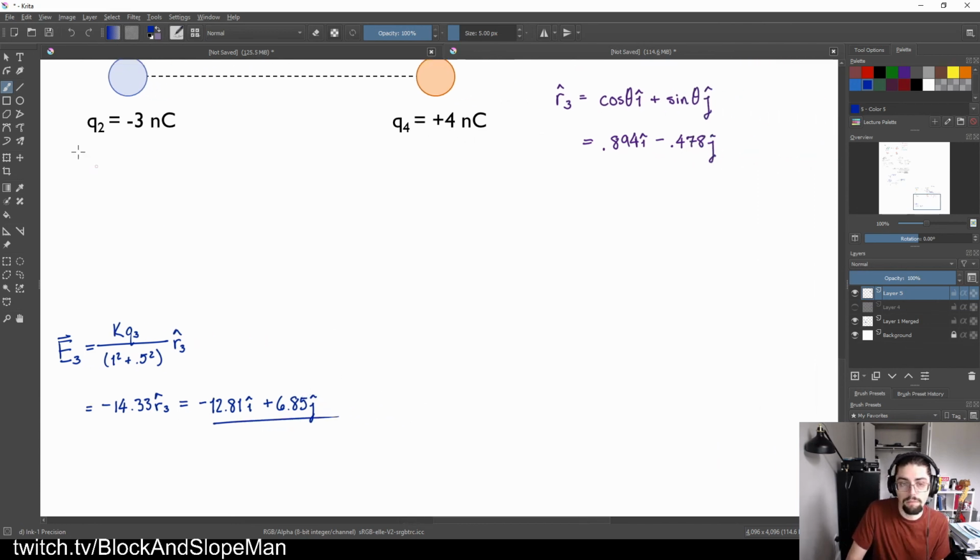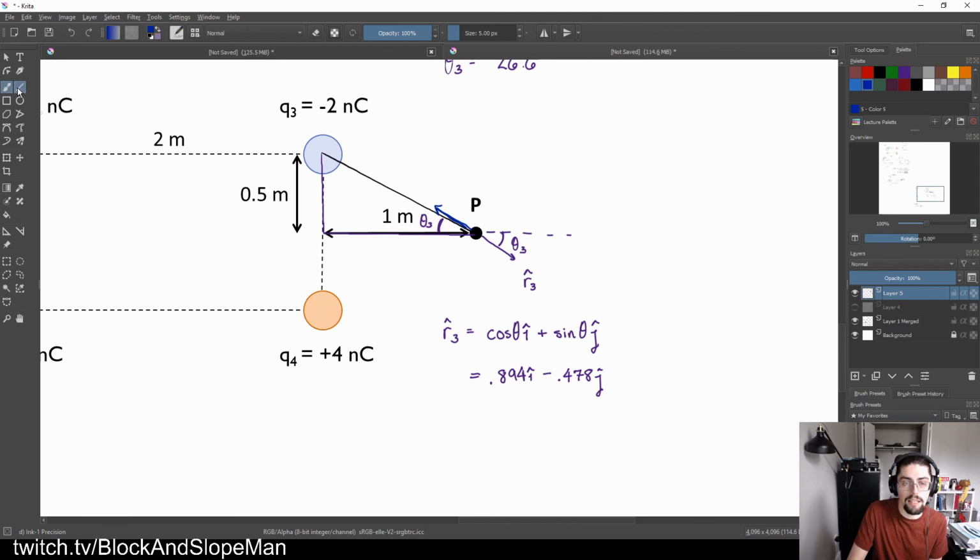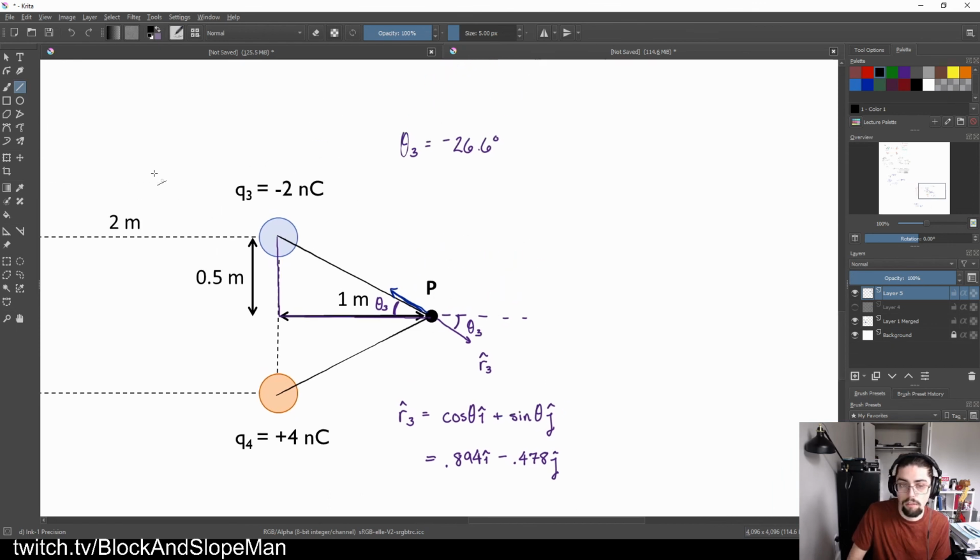We've got that one. And then I can make the exact same arguments again for Q4 to say, look at that. It's another triangle. Right? What a surprise. Theta 4, I ask that to be in purple, please. Thank you. Theta 4 should be a positive 26.6 degrees. I'll go ahead and draw it in. Why not? Just like that.